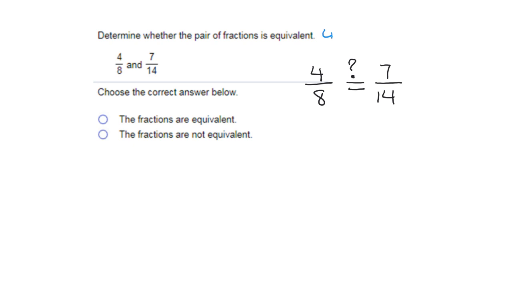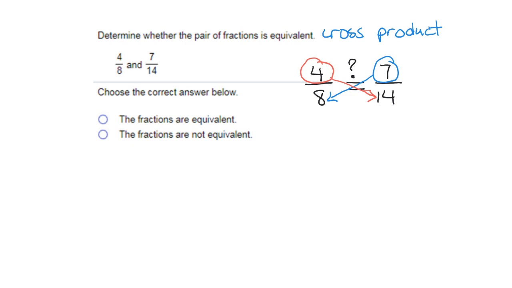All right, so cross product, the word product means that we're going to be multiplying. Cross means that we're just going to go across the equal sign. So the first thing I'm going to do is take the numerator of 7 and multiply it by the denominator of 8 and set it equal to the numerator of 4 multiplied with the denominator of 14.